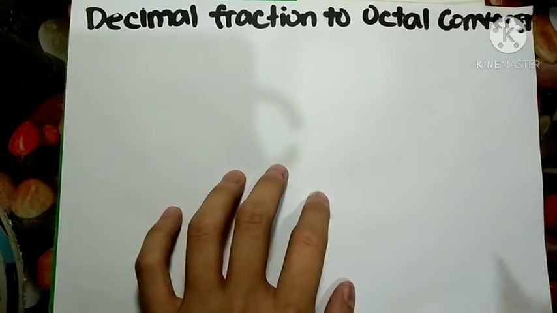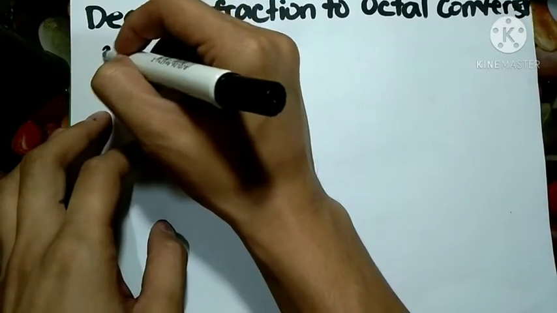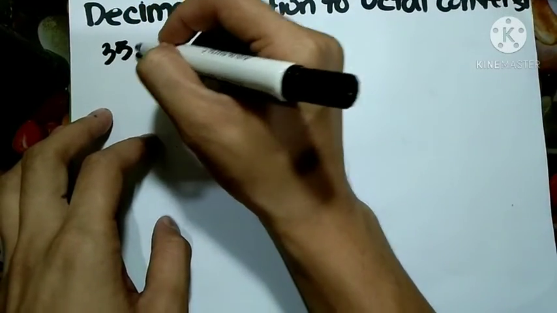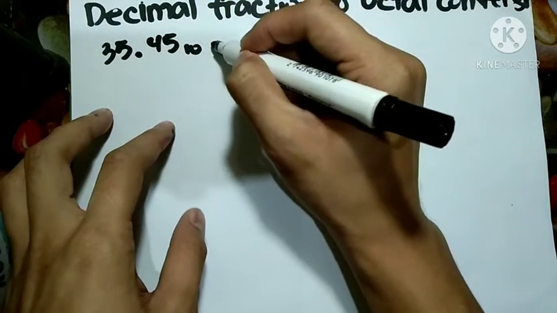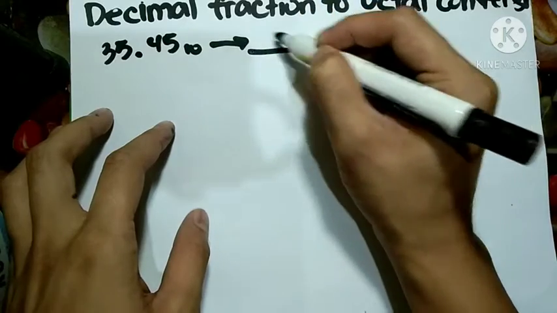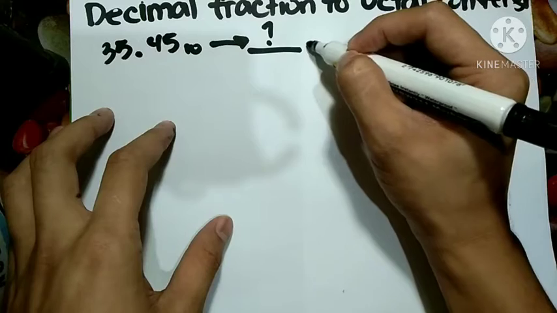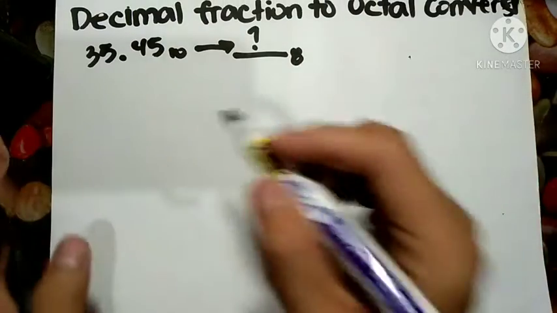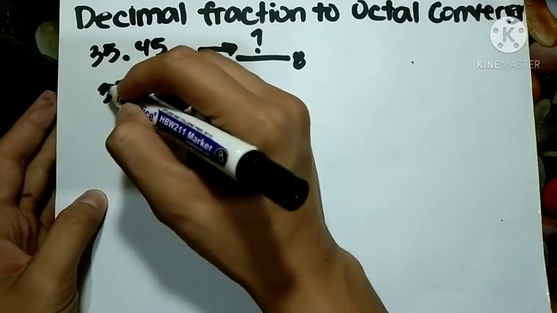Decimal fraction to octal conversion. So let's try to convert 35.45 in decimal form to octal form, or base 8. Let's write down here the 35.